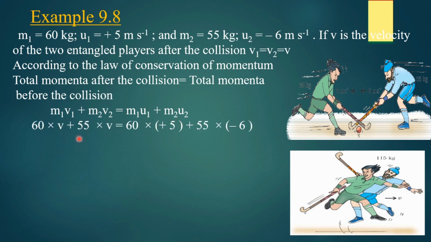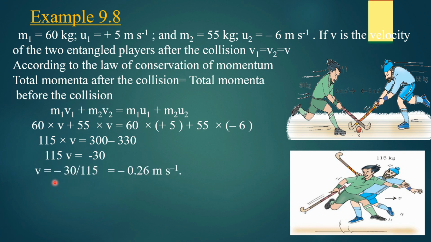Let us substitute the values. 60 into v plus 55 into v equal to 60 into 5 plus 55 into minus 6. 115v equal to 300 minus 330, so 115v equal to minus 30. So, v will be equal to minus 30 upon 115, which is equal to minus 0.26 meter per second.